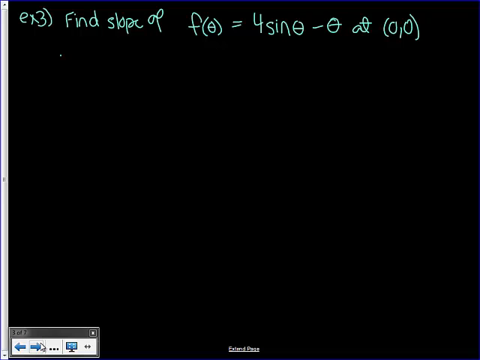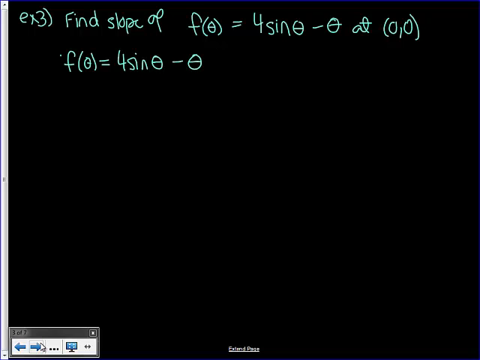Well, you're thinking, oh, that's going to be 0 again. Not necessarily. So the first thing we're going to do, I always just like to rewrite it so I can look at it. 4 sine theta minus theta.